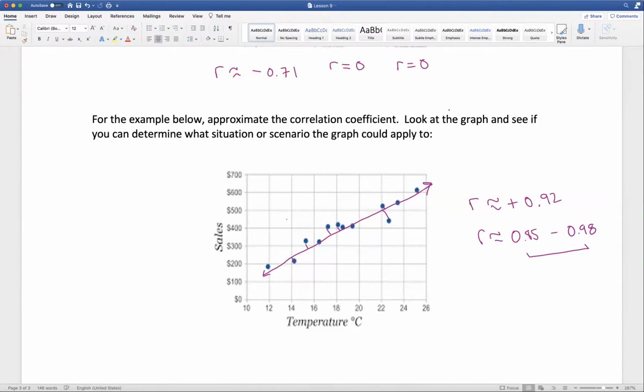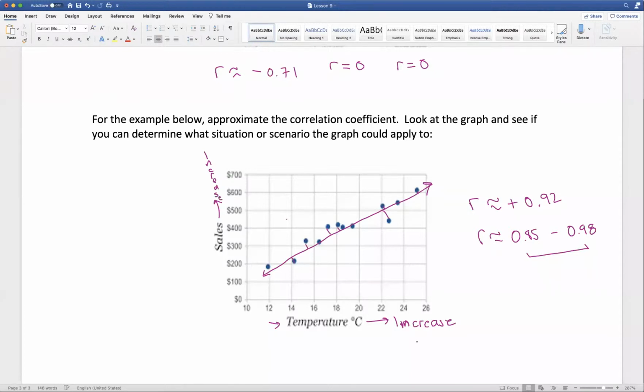Now let's see, it says look at the graph and see if you can determine what situation or scenario the graph could apply to. So I want you to think about what situations happen when the temperature increases and when sales of something increase as well.